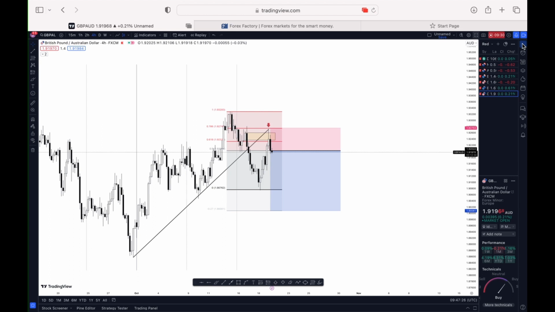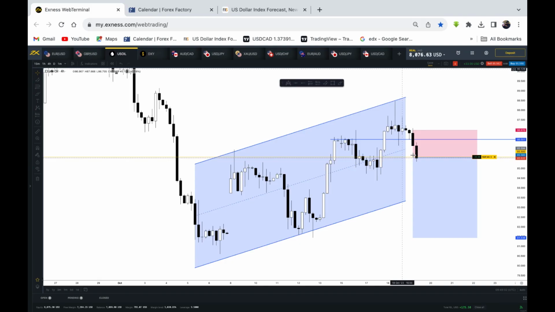So let me record my other screen on my Exness terminal to show you what I'm looking for. The reason why I use it is because this is the broker that I'm using, so I want to see exactly how the market moves on my brokerage.